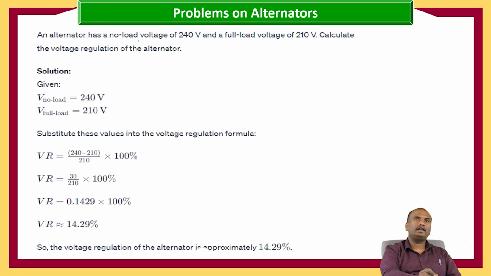Now an alternator has a no load voltage of 240 volts and a full load voltage of 210 volts. Calculate the voltage regulation of the alternator. Here the no load voltage and full load voltage values are given, and we have to substitute in the voltage regulation formula, where voltage regulation is equal to V no load minus V full load by V no load.